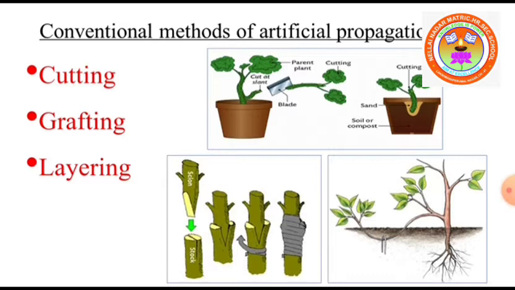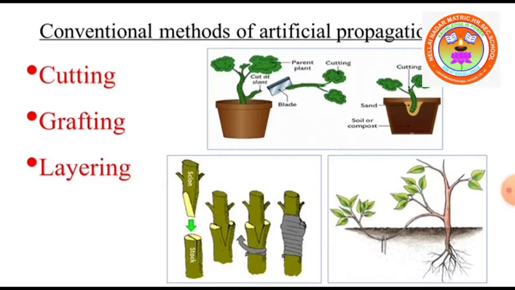These methods are quite commonly used in horticulture practices, especially for the production of ornamental plants, flower producing plants and fruit plants.